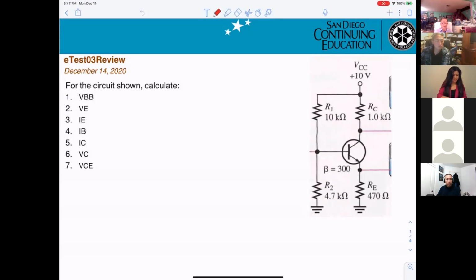So that will be a voltage divider. If you don't have this handout, go to the handout, electronic, download this file.